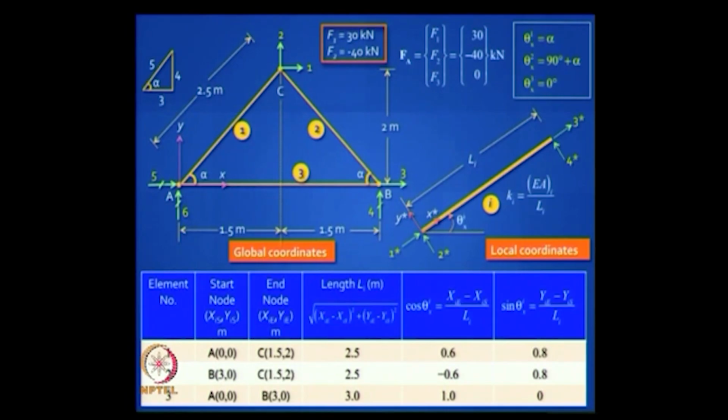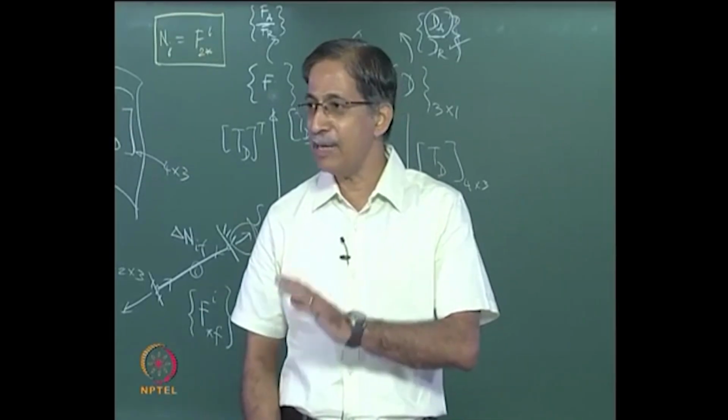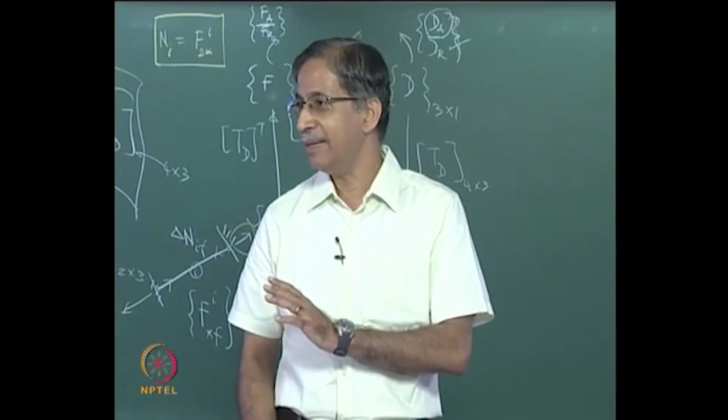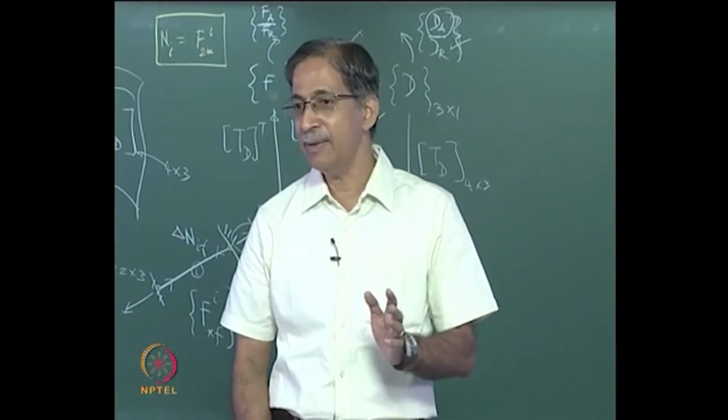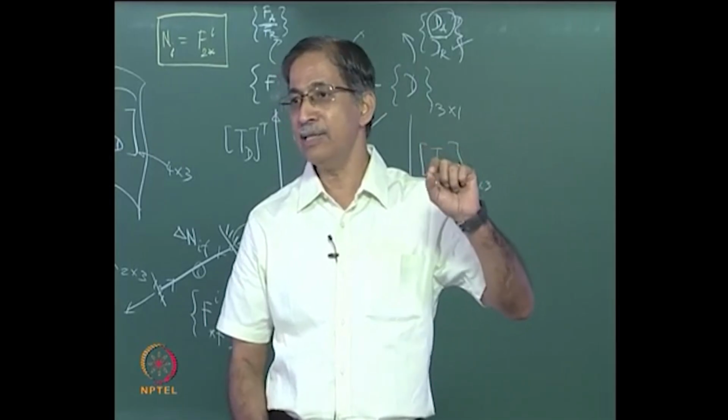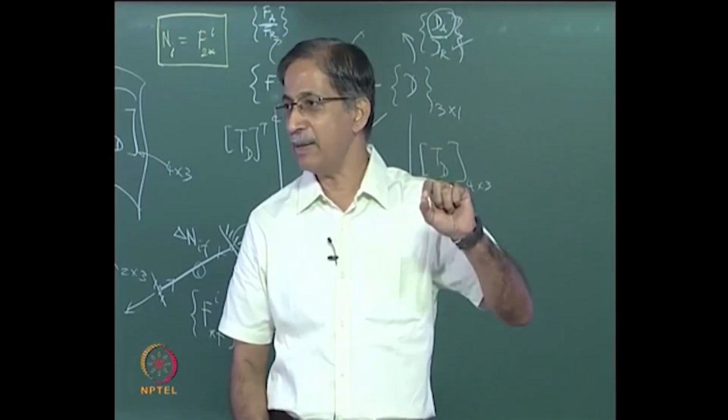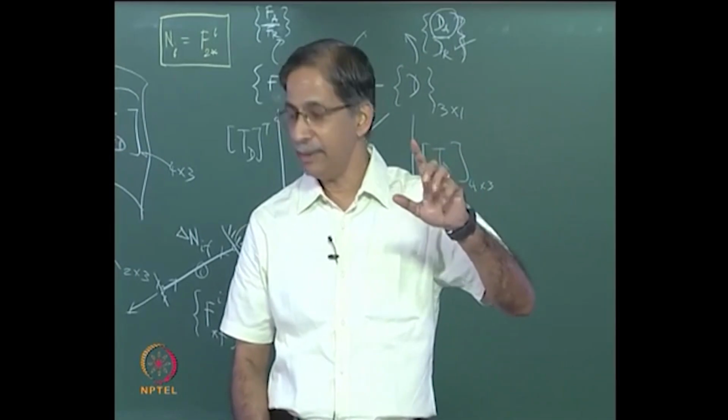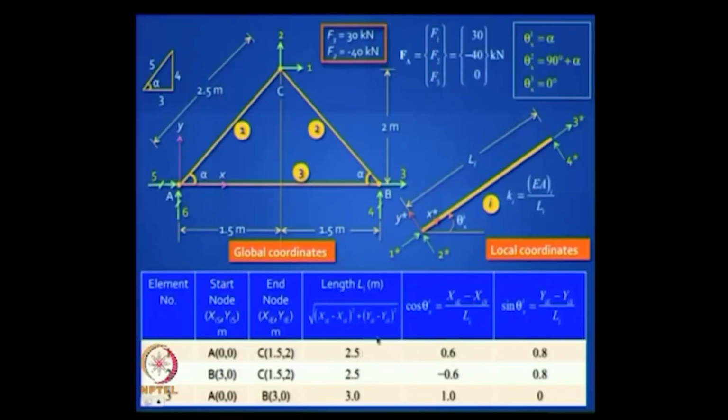So any questions here? It is clean. I do not have to manually calculate theta. It comes automatically when I give the coordinates x and y of the start node and end node. From these standard formulas, I get automatically the direction cosine. So it's a blind method, no thinking. The computer loves such a method.